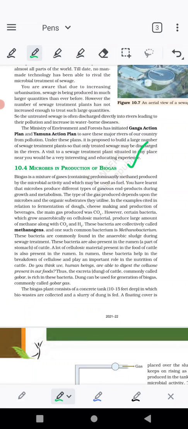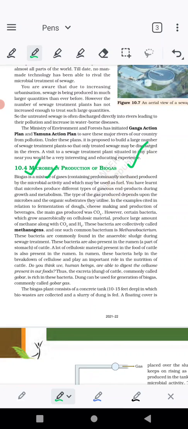So let's begin. Biogas is a mixture of gases, and it contains predominantly methane. It has many gases, but methane is in the highest quantity. These gases present in the biogas are all produced by microbial activity, and this biogas can be used as a fuel.